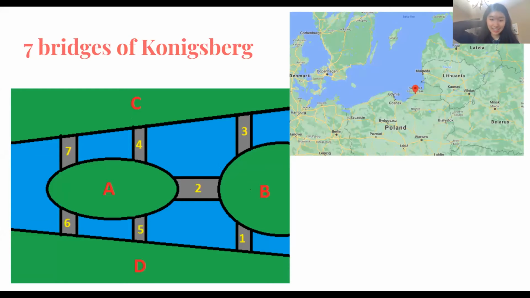It's an old nation that used to exist in this area, but it eventually became Germany. We're not here to learn about history though. But basically just know that it's now known as Kaliningrad. Some nice, interesting pieces of trivia, and it's now part of Russia.